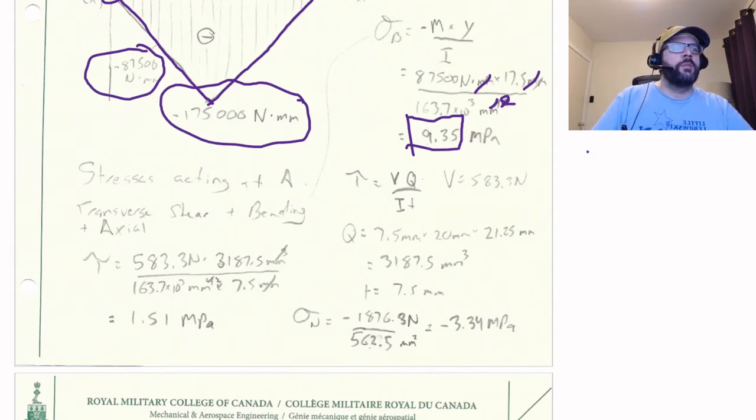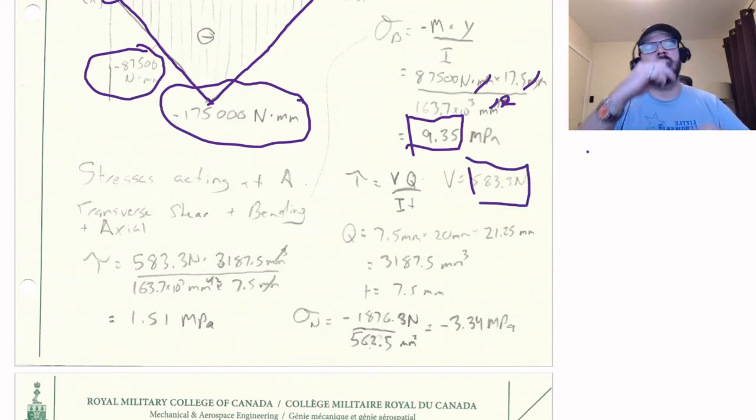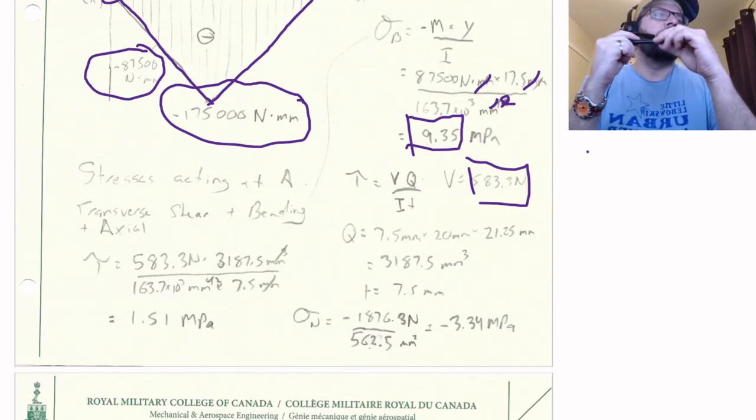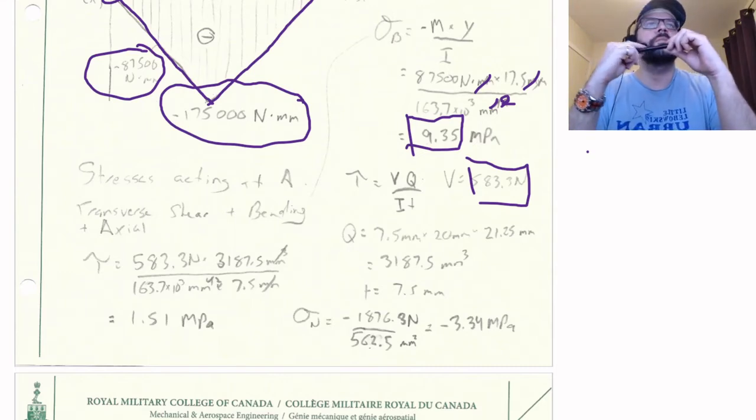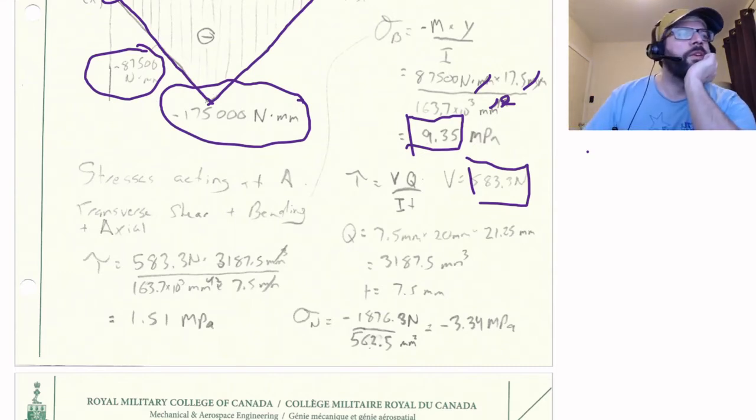So for the shear calculation, we've got shear is equal to V times Q over I t. So V in this situation is 583.3 newtons. The Q is just based upon this section here.